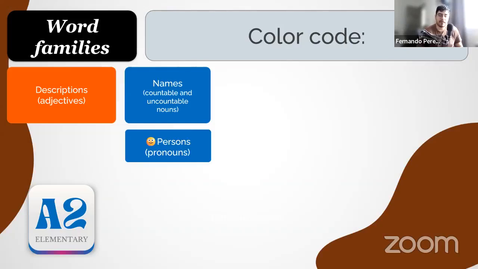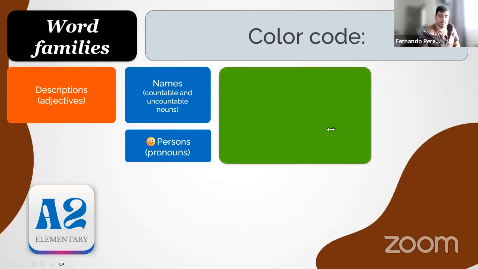It's better to eliminate Fernando and use the word I: I like to watch movies with my friends. I am a teacher. See? So a pronoun, a person, is also considered color blue because it's in the same family. Agree? Yes. Very good.